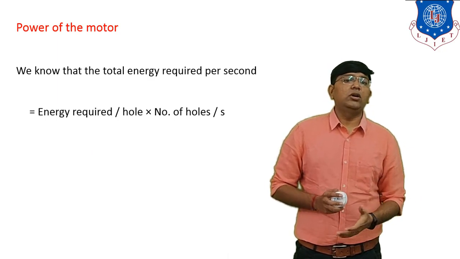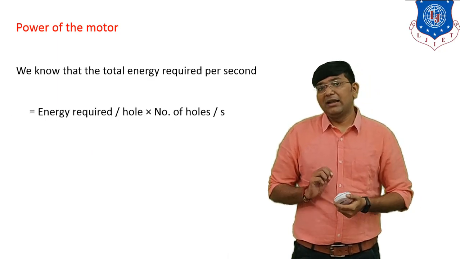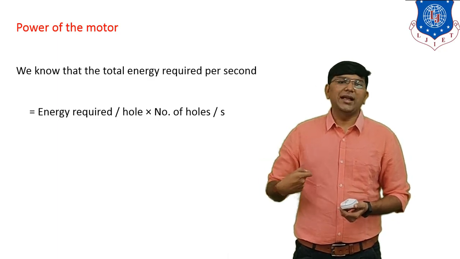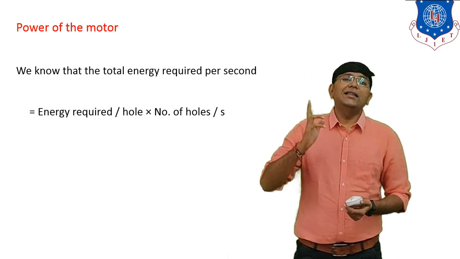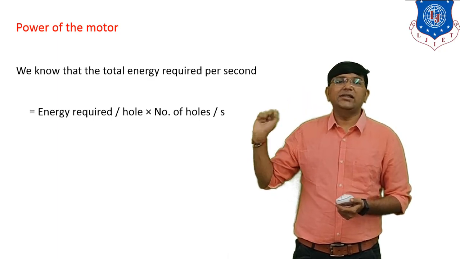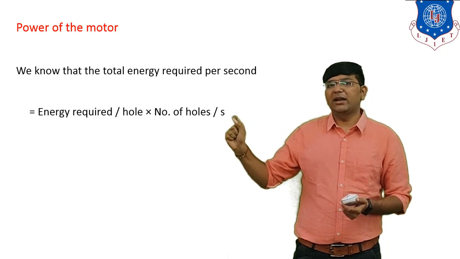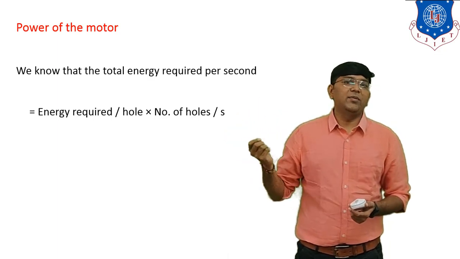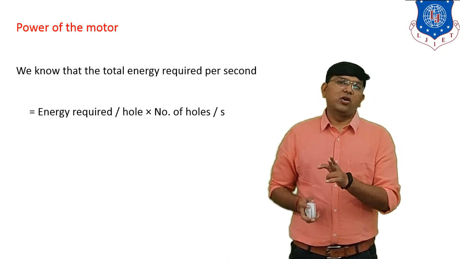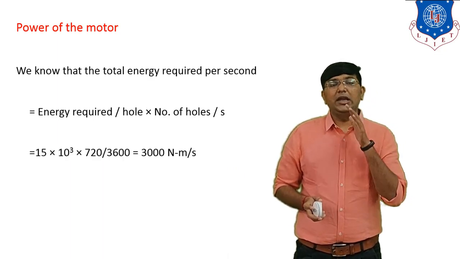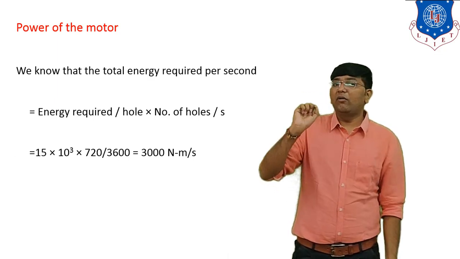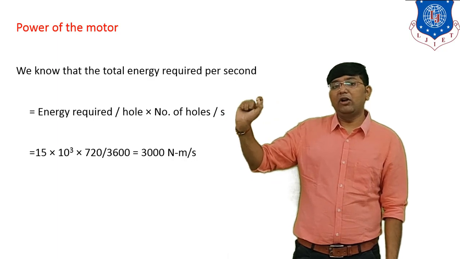We know that the total energy required per second is equal to the energy supplied per hole into the number of holes per second. Now the number of holes cancel out from both sides. So the energy required per second, as you all know, indicates the value of the power. So energy per hole, that is 15 into 10 raised to 3, into number of holes per second. In the data, the number of holes is given per hour, that is 720 holes per hour.